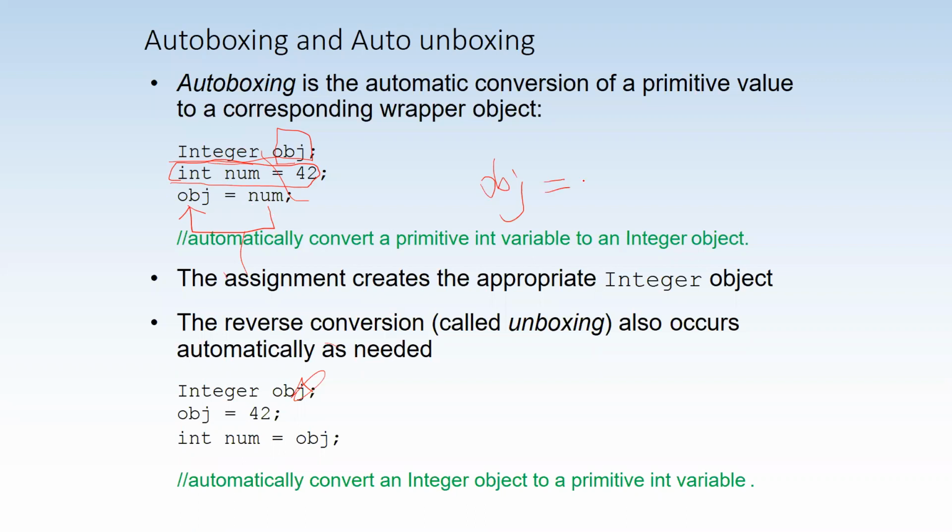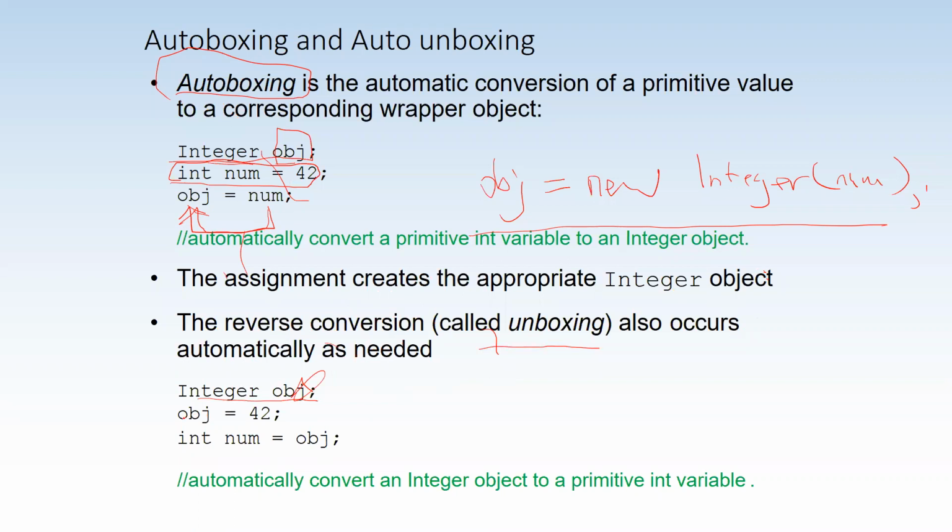You can, but you don't have to. This is the syntax, but to simplify it, you can simply assign it to this object because this is called auto-boxing. The system automatically creates this object and assigns it. That's called auto-boxing. Unboxing is the reverse conversion.